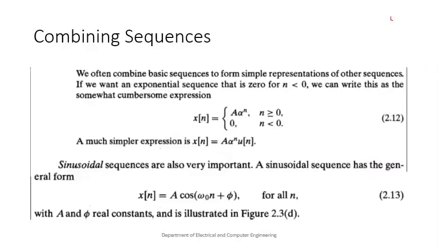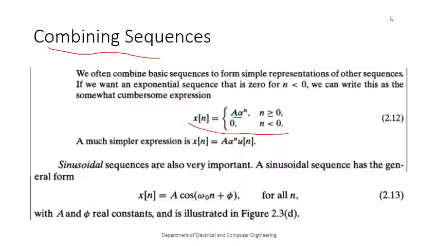So in this slide, we will talk about combining sequences. We will use an exponential sequence, which we have already talked about. Previously x of n was equal to this, with no restriction on n. We can choose n between minus infinity and infinity.